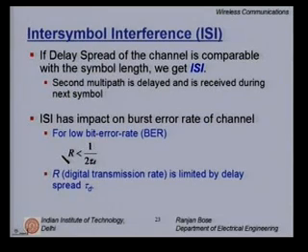Either do pulse shaping, or some kind of rake reception, or some kind of channel equalization. Please note, these are the facts of life when we are dealing with wireless mobile situations. Small scale fading, multipath fading, ISI, Doppler shift, all of these things have to be understood and then overcome.